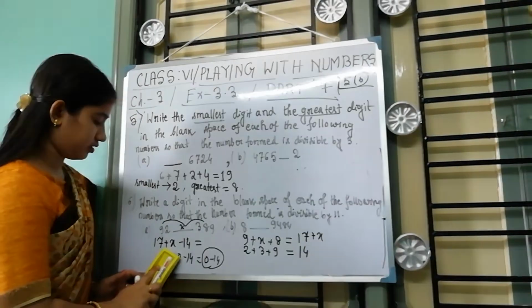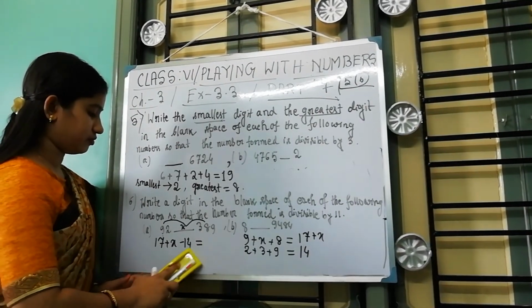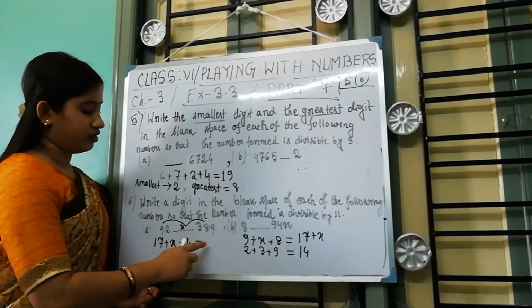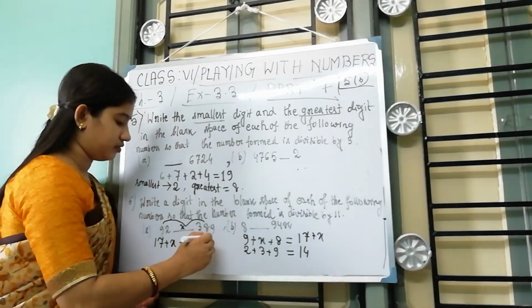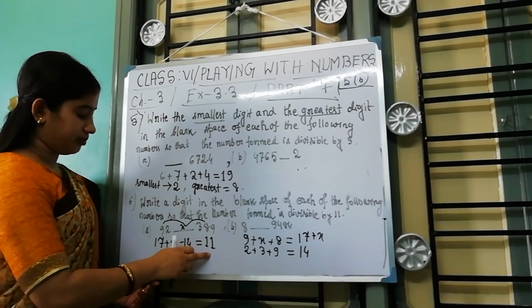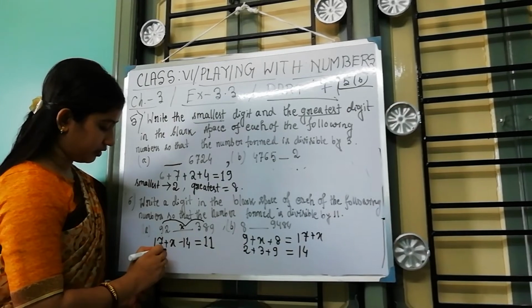So there is no possibility that this is 0. So here we start from 11, because 11 is a multiple of 11.